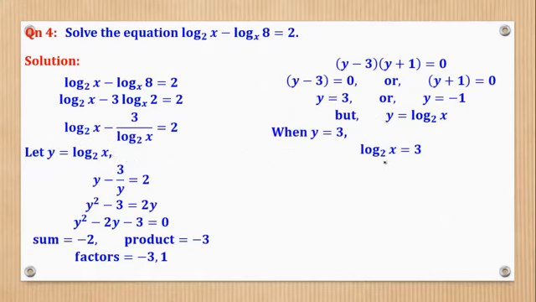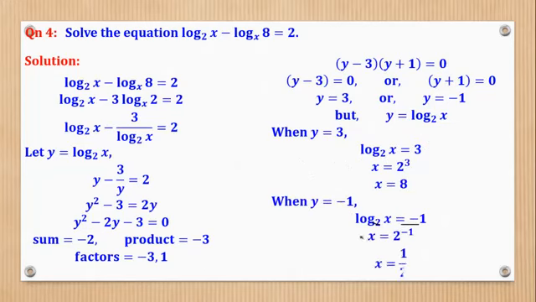To remove the logarithm, I will say 2 to the power 3 is equal to x. Therefore, x will be 8. Then when y is negative 1, this is equal to negative 1. So 2 to the power negative 1 will be equal to x. Therefore, x is equal to a half.